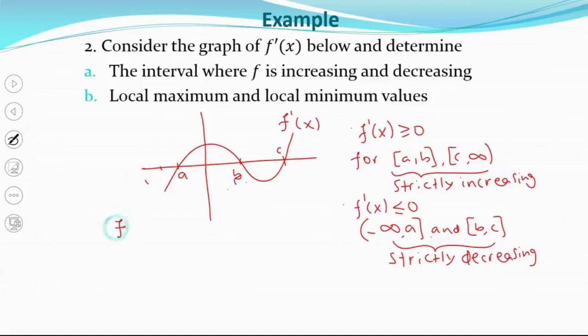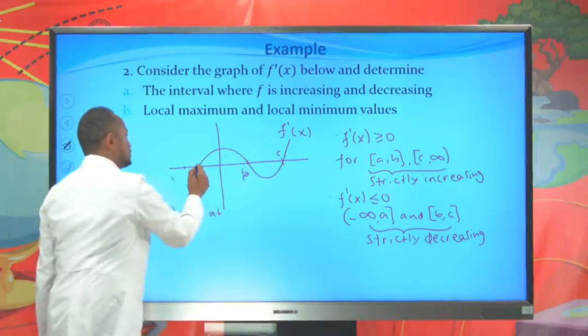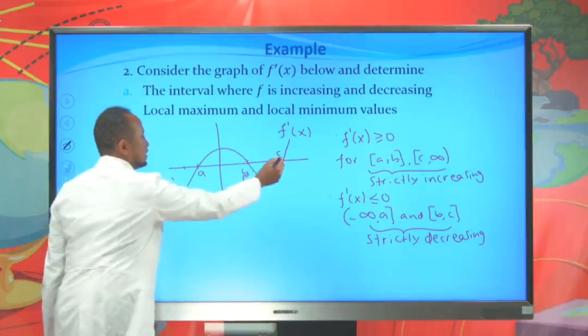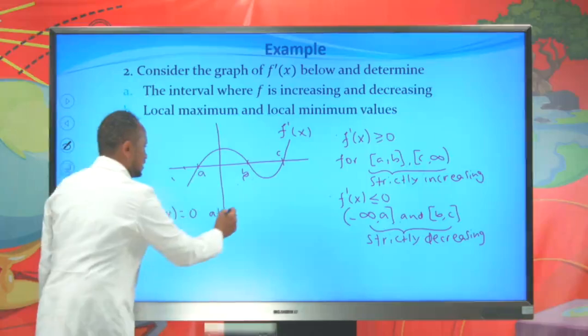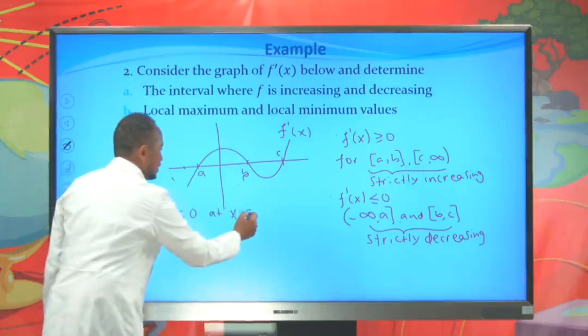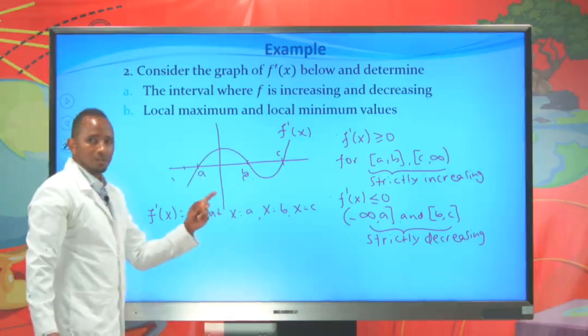From the graph, the derivative of this function is 0 at a, at b, and at c. So these are the critical numbers. At x equals a, x equals b, and x equals c, f derivative of x is 0. So these are critical numbers.